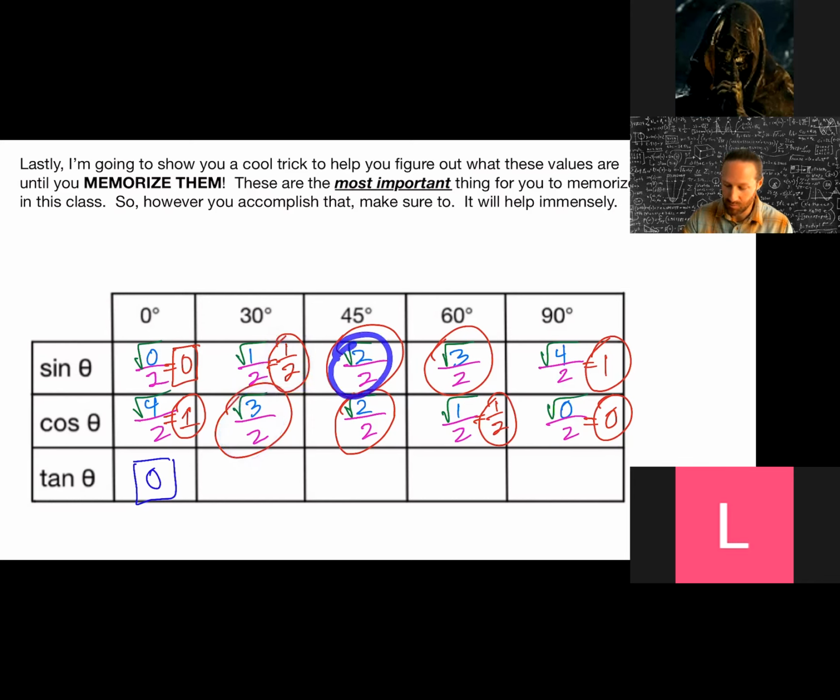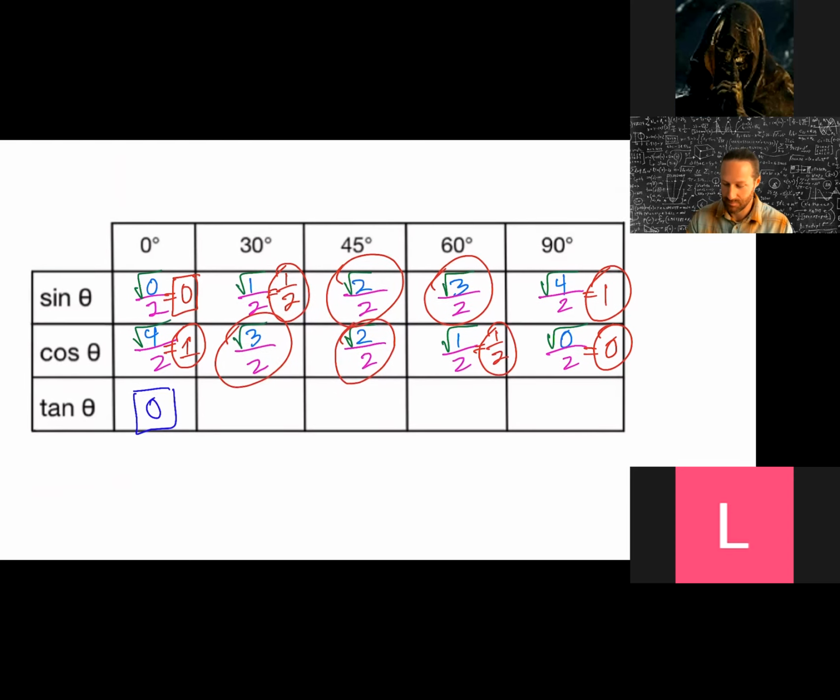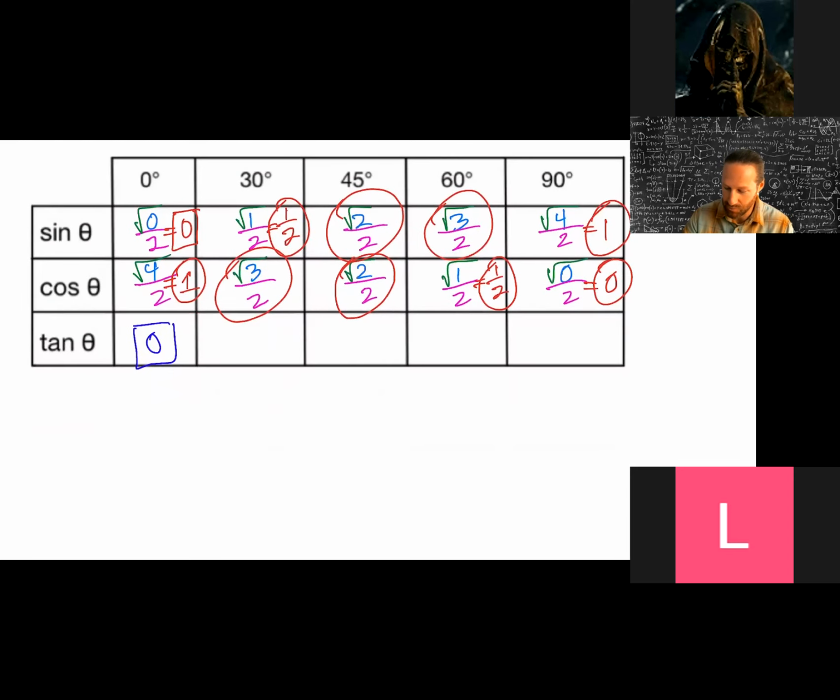But what about root 2 over 2 over root 2 over 2? 1. Beautiful. Then I know that this is a 1. So I got 0 and then skip that, a 1 for 45. Those are two of my favorite for tangent. Root 3 over 2 over a 1/2. Nah, I don't know that yet either. What about 1 over 0?